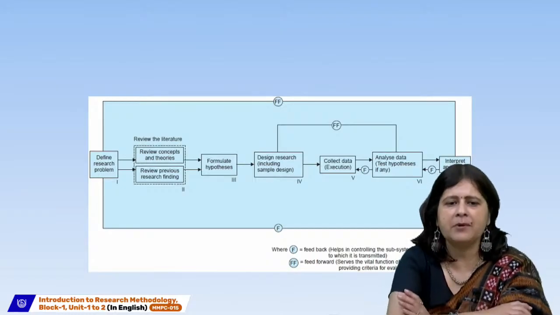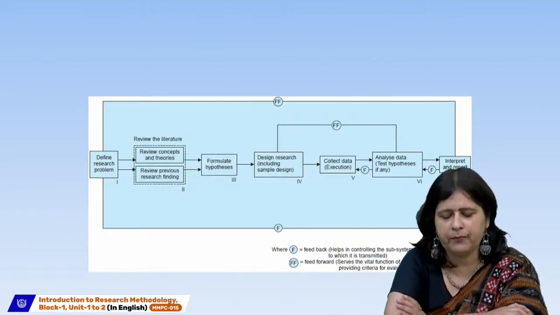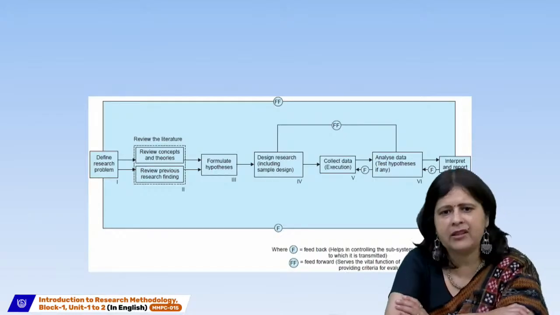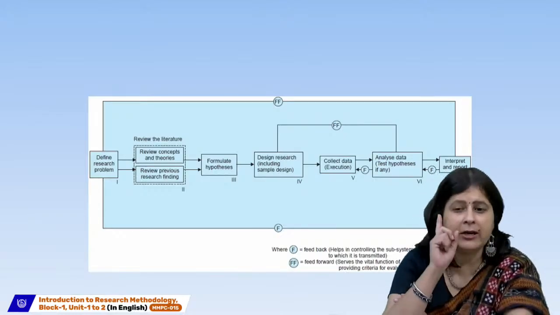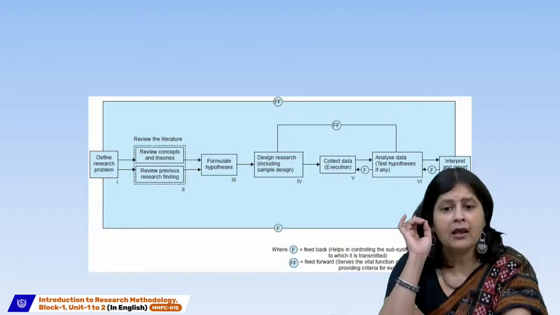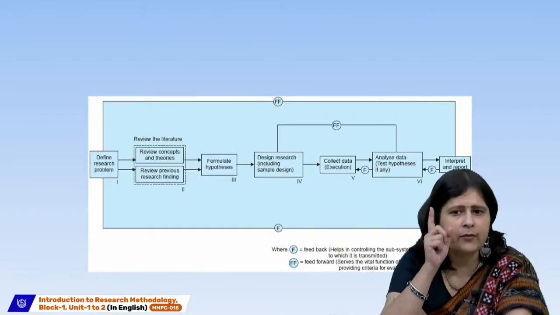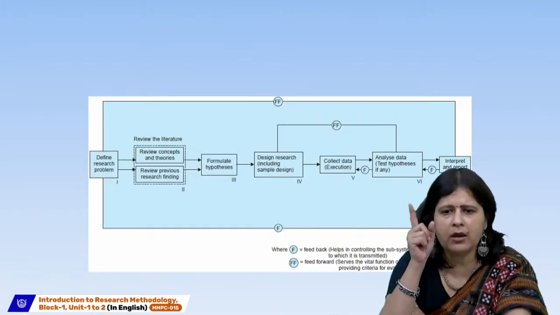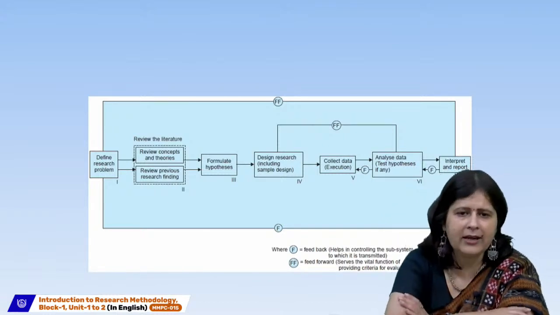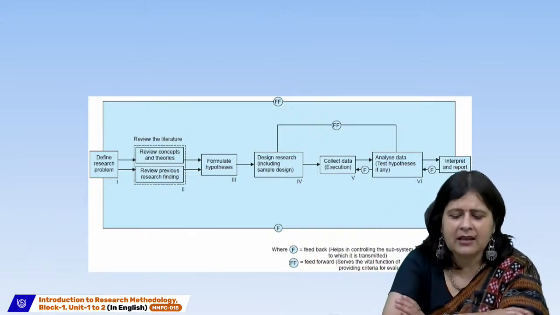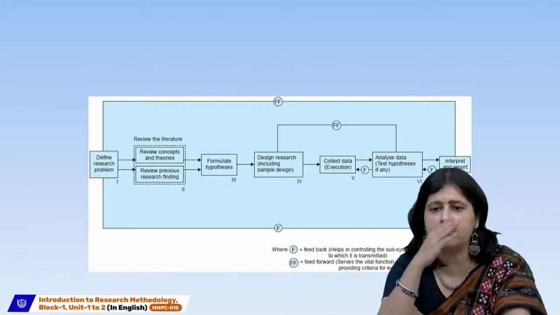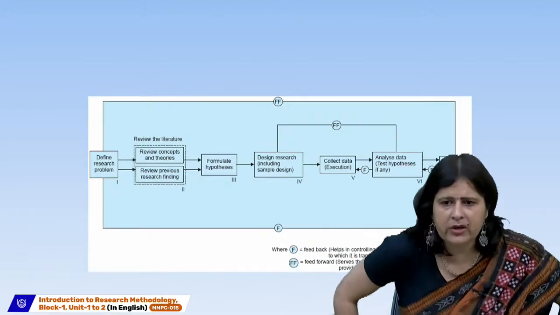The first step is to define the research problem. You should have a valid, relevant question for which you are looking for an answer. That is the first step. Then the second step follows: how will you find the answer to those questions?